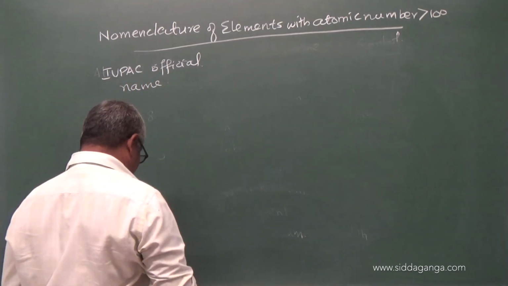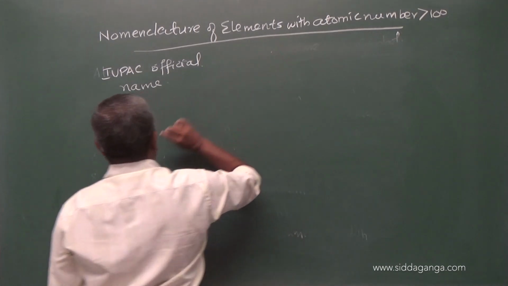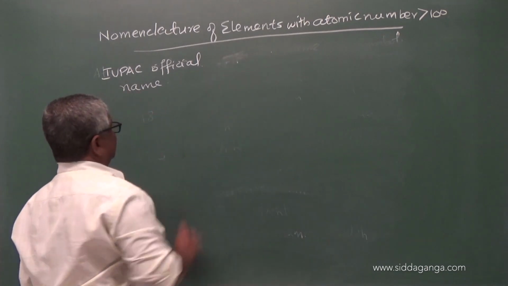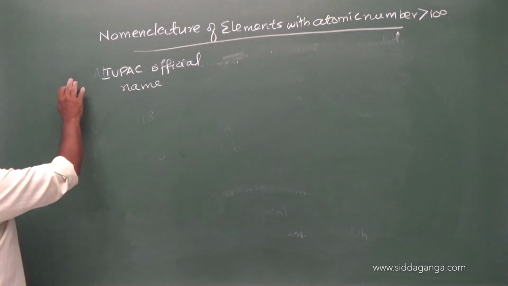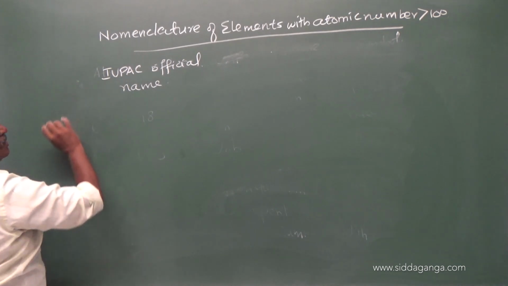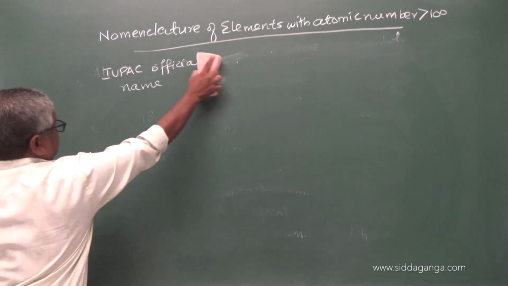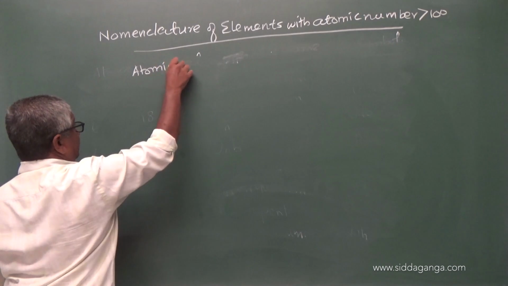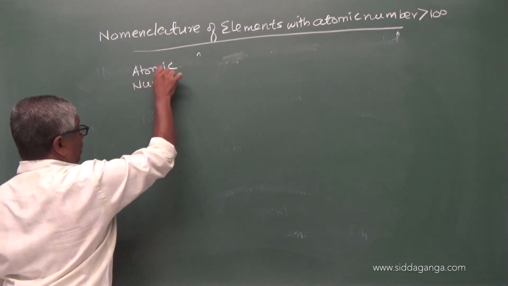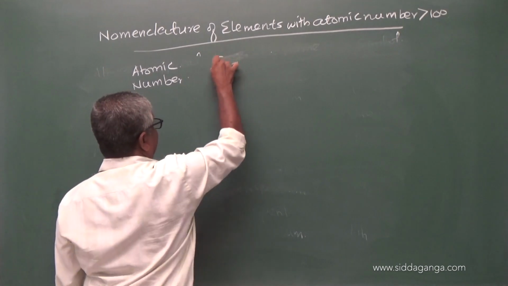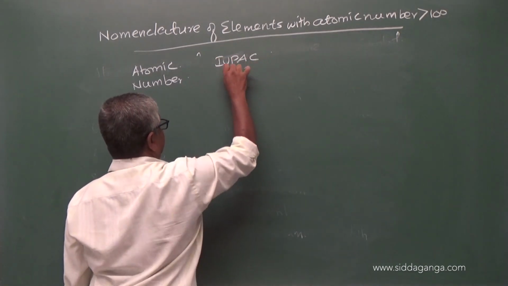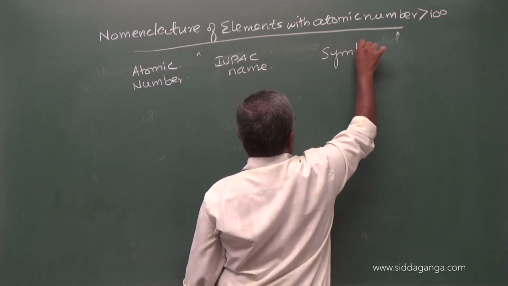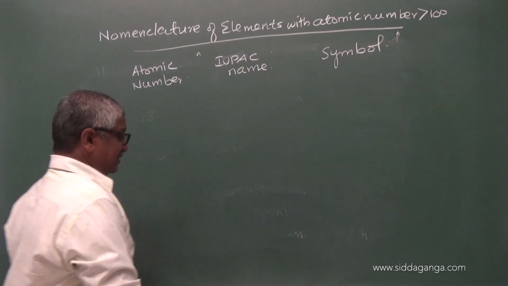In the middle I'll write it. First we will go for atomic number, next it is IUPAC name, next for that the symbol.